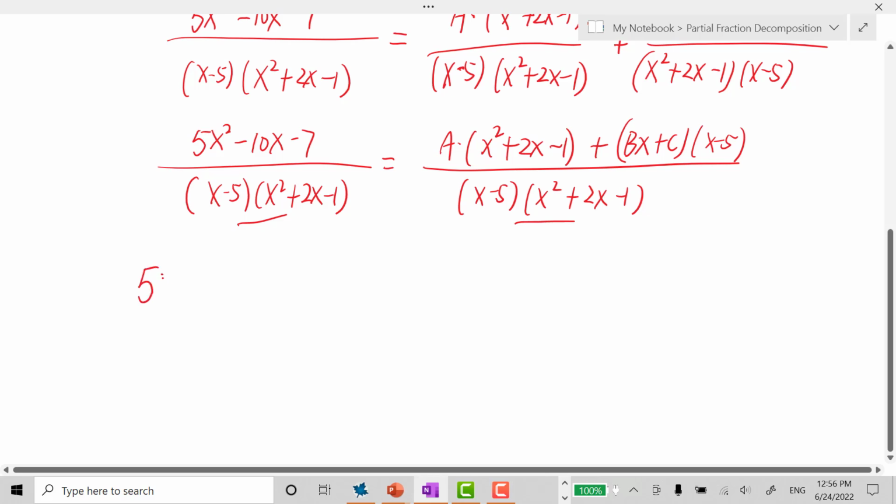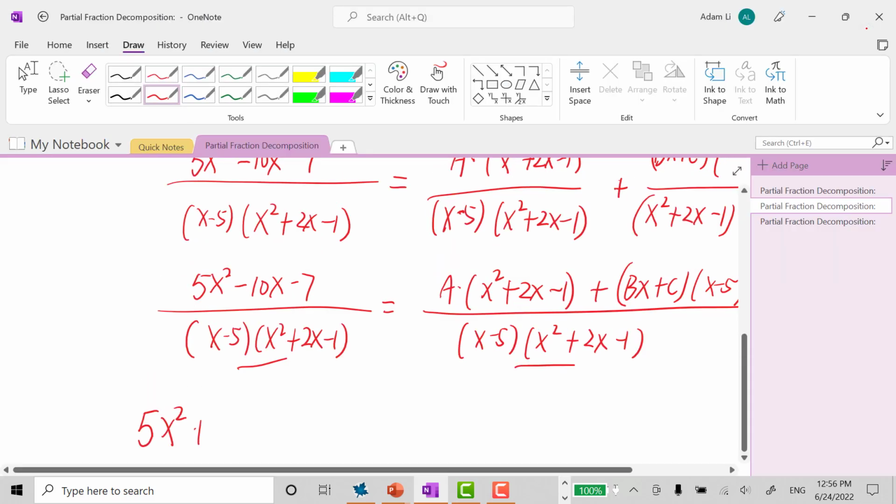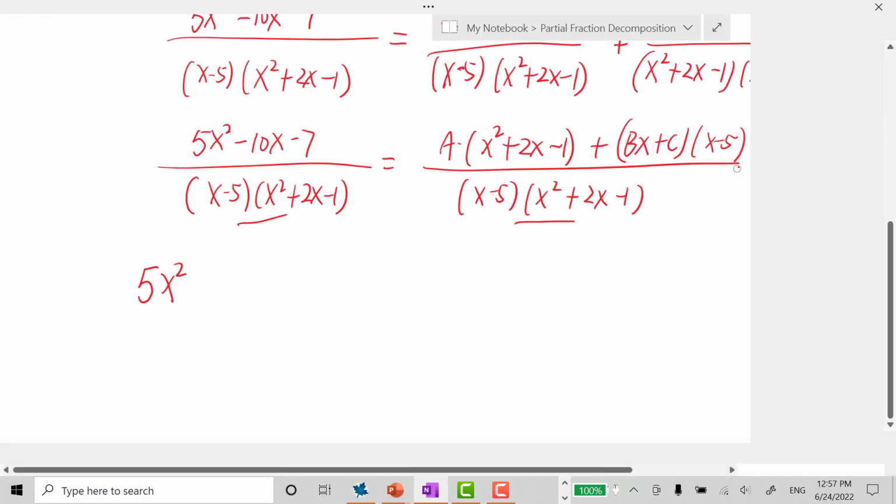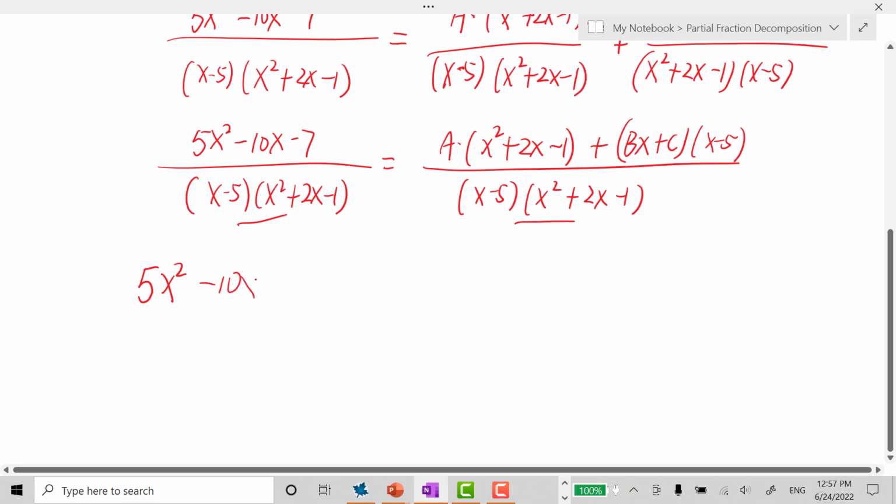So 5x squared minus 10x minus 7 is equal to 8 times x squared plus 2x minus 1, adding bx plus c times x minus 5.